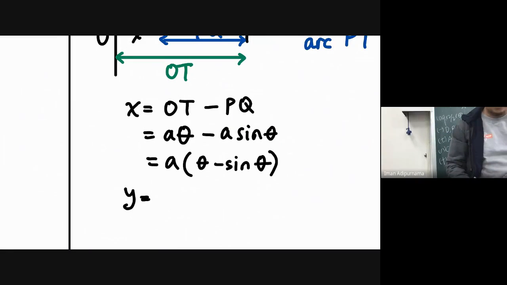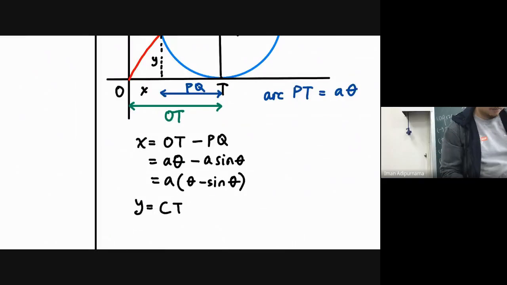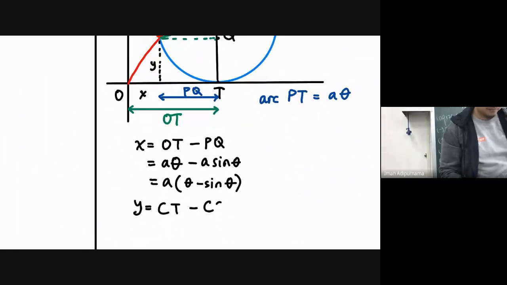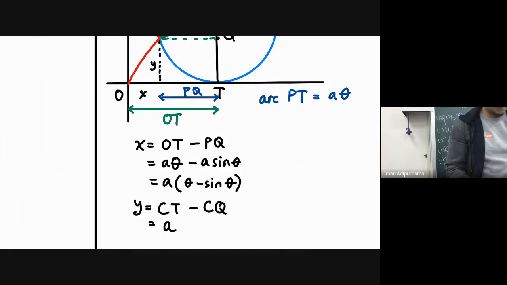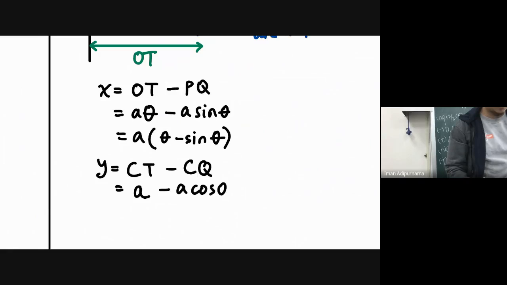And Y will be CT minus CQ, okay? CT is just the radius, and CQ is the cos, right? A cos theta. So A times 1 minus cosine theta.